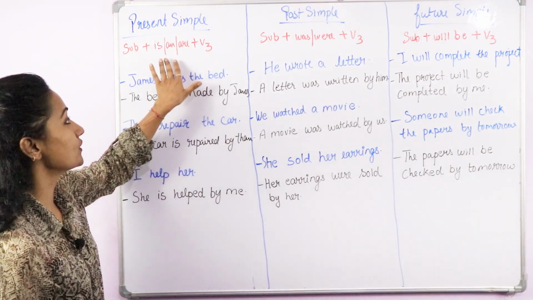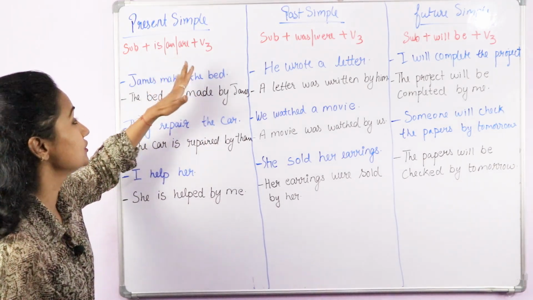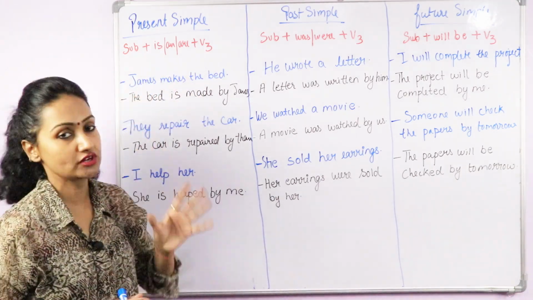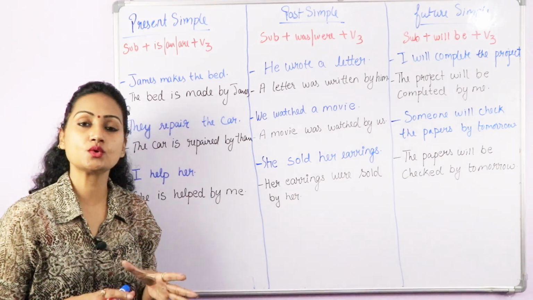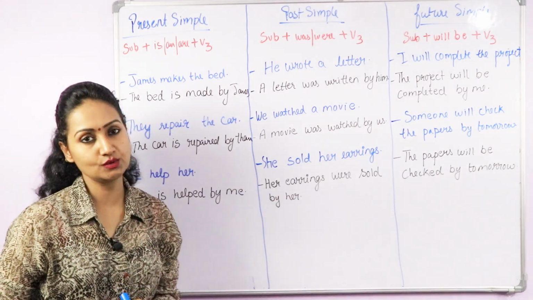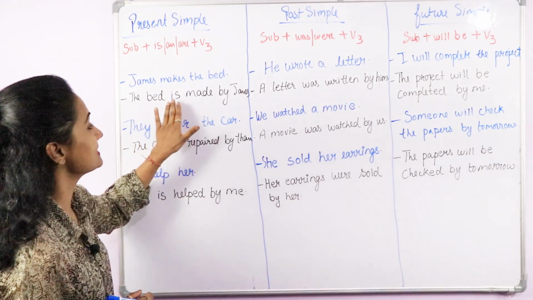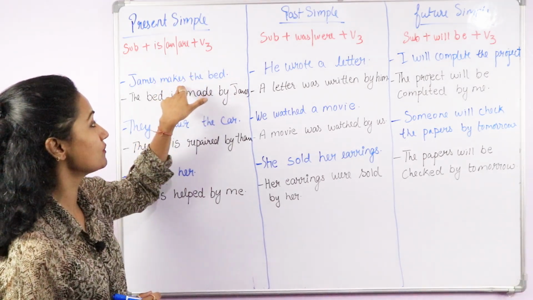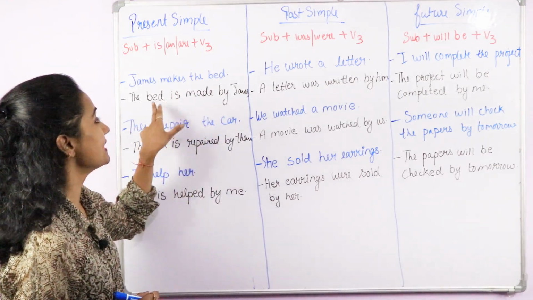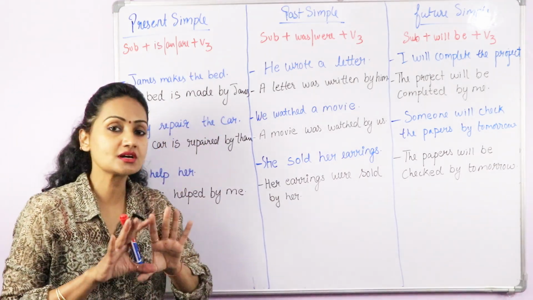The auxiliary verb will be used according to the subject. So here the bed is singular third person, so we use is with singular third person. So the bed is the auxiliary verb, then make is the verb, and the third form of the verb is made. The bed is made. So this is a complete sentence.